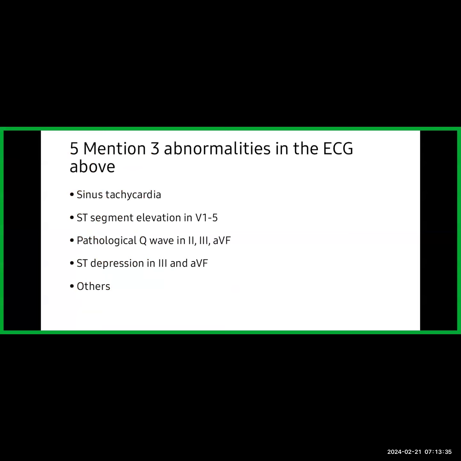So another question said, mention 3 abnormalities in the ECG. The obvious abnormalities are sinus tachycardia, ST segment elevation in leads V1 to V5, pathological Q waves in leads 2, 3, and aVF, ST segment depression in leads 3 and aVF, and others.